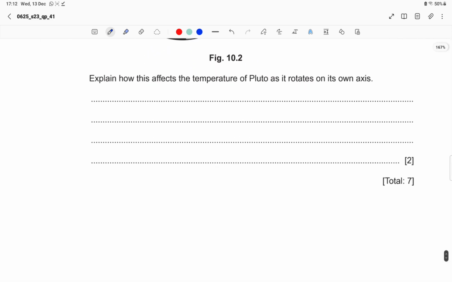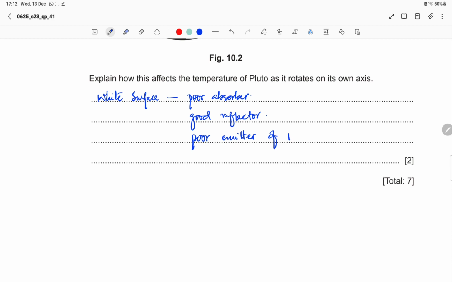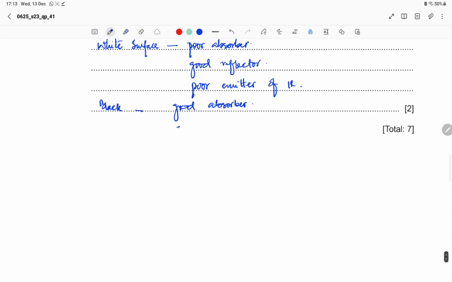So we know that white surface is poor absorber, good reflector, or you can say poor emitter of infrared radiations, and black is again good absorber, good emitter, and poor reflector.